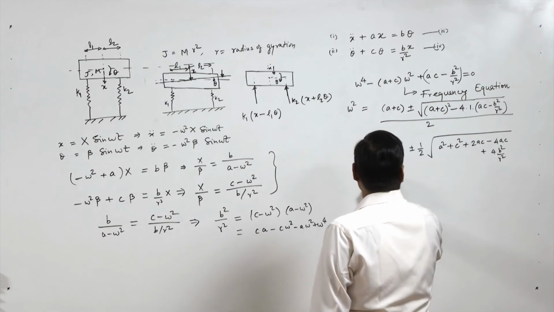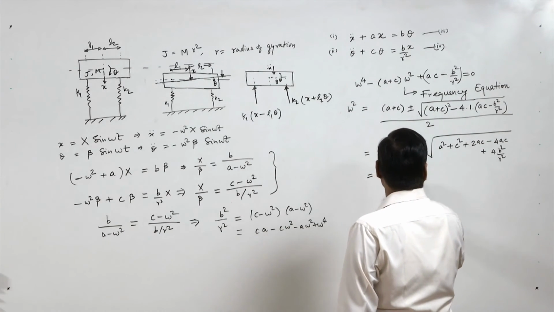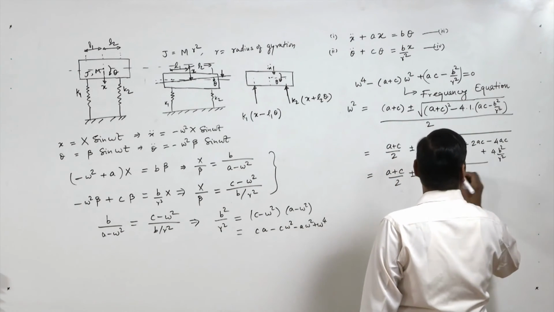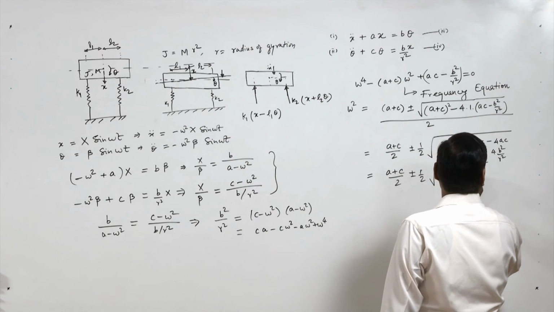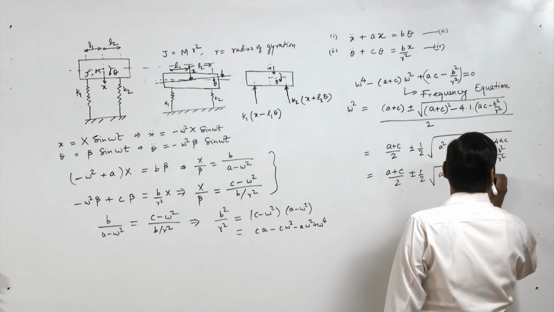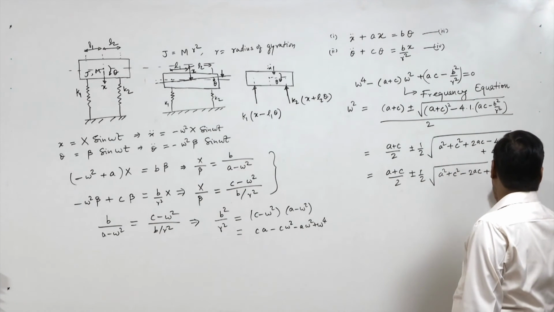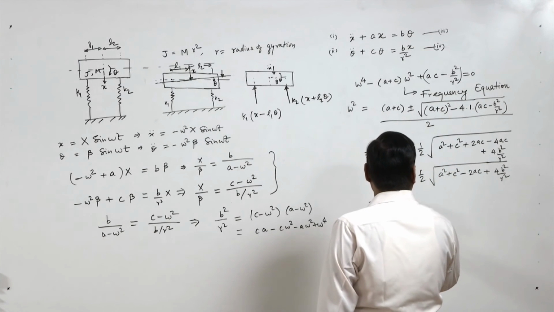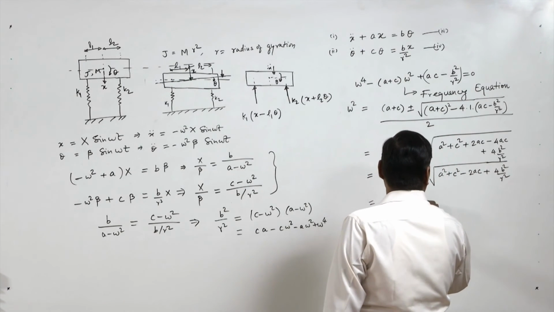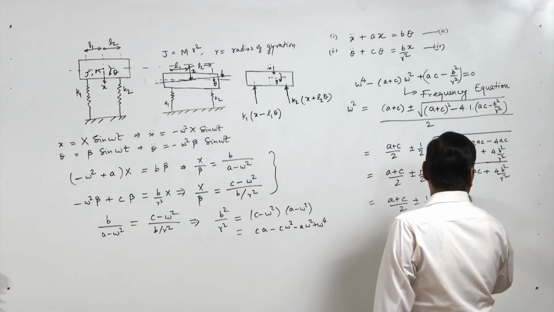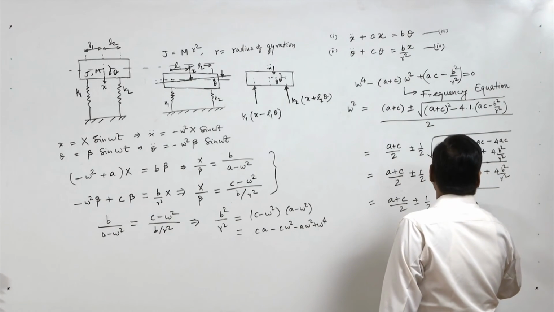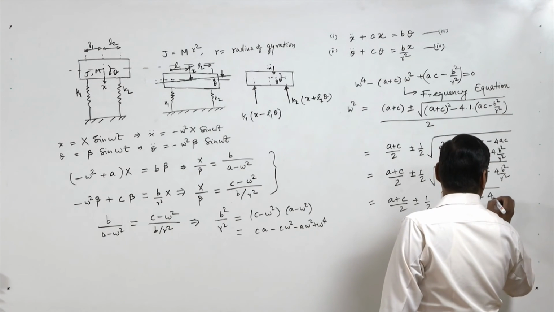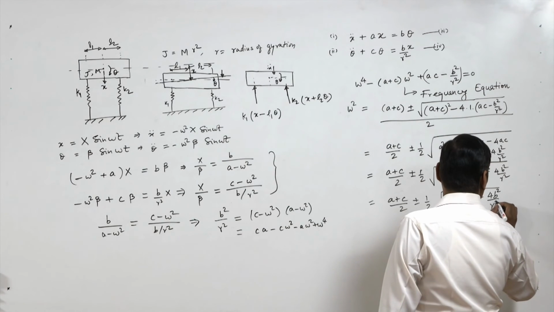So, we will have a plus c by 2 plus minus 1 by 2 under root a square plus c square minus 2ac plus 4b square by r square. So, we will have a plus c by 2 plus minus 1 by 2 under root a minus c whole square plus 4b square by r square.